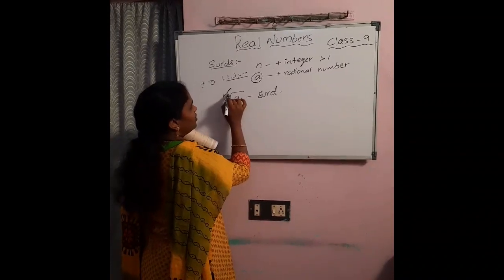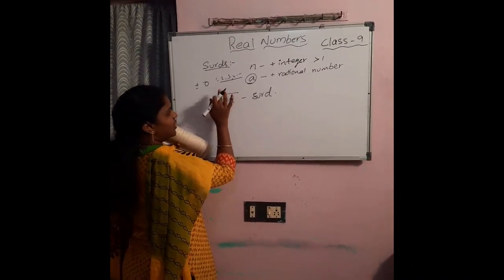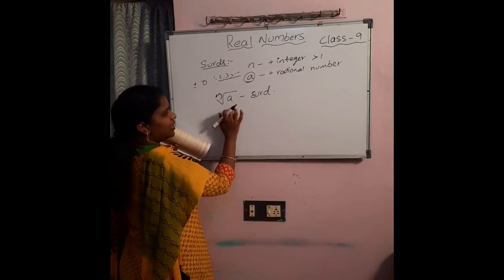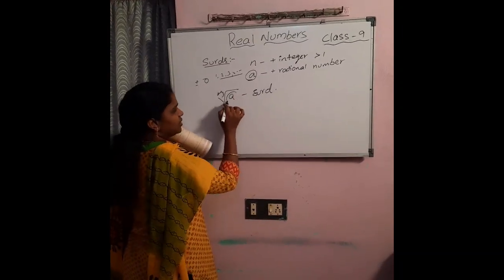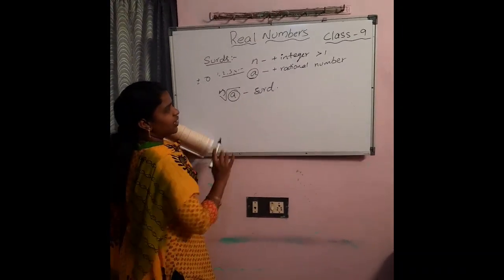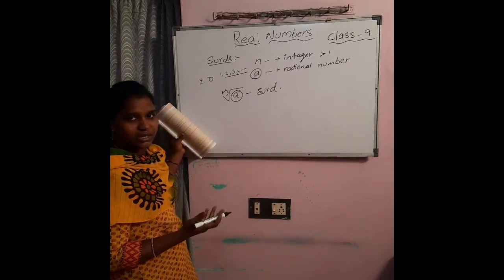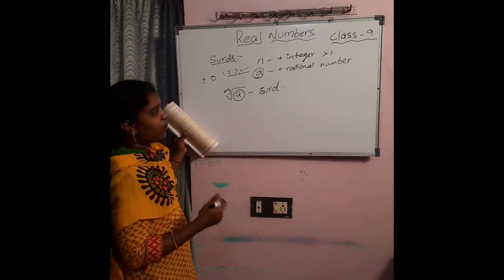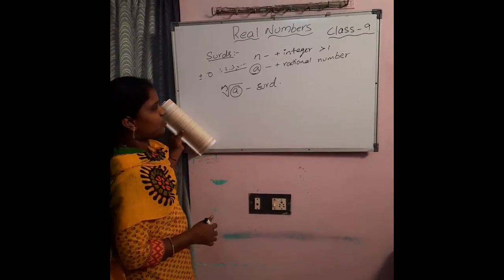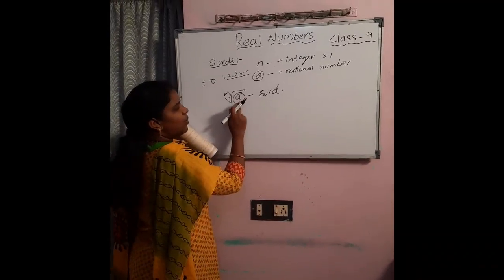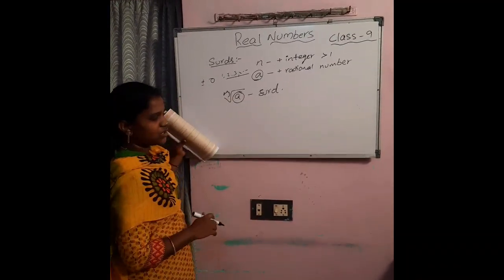So the number nth root of a is called a surd, and this rational number we have taken in the root should not be written as powers of any other rational numbers.